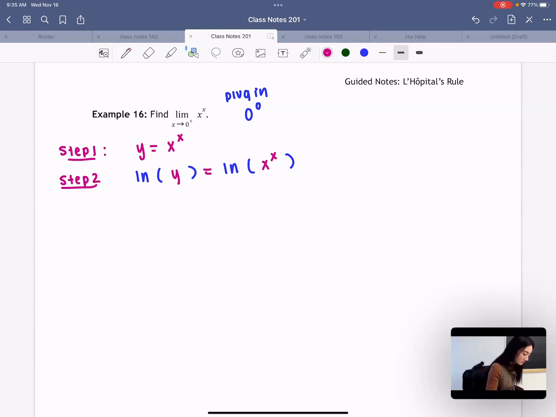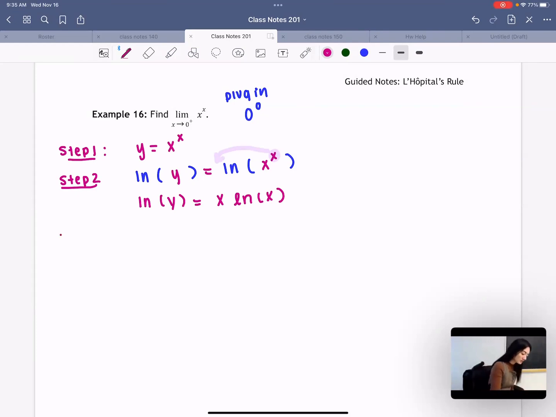You're going to take the exponent and bring it up to the front of the log. So the third step here is to take the exponent and bring it up front. So we have x ln of x. Okay. Any questions so far? Good. All right.